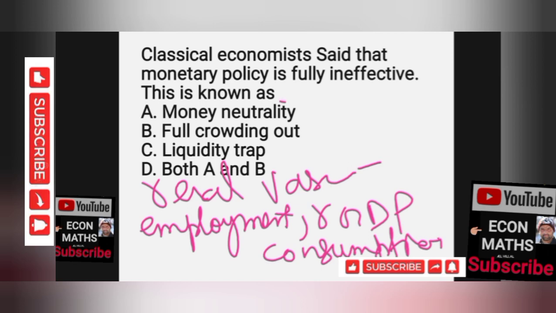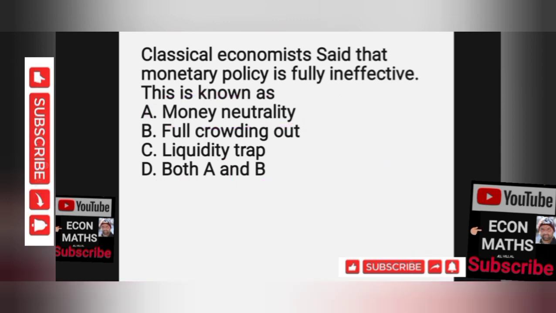This is known as money neutrality. Now this fully crowding out effect is another term. Liquidity trap is another term. We will see them in the next MCQs. Coming to the next question.